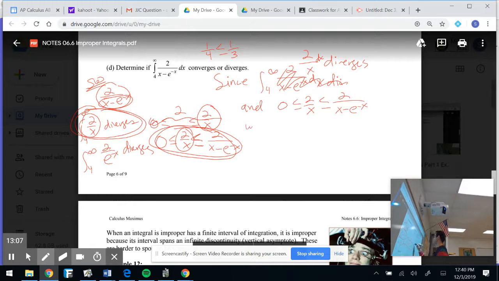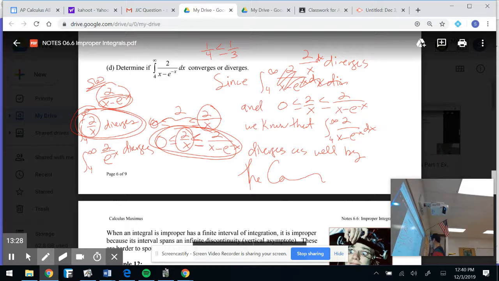We know that this problem that I was unable to find the antiderivative of, this bad boy right here, diverges as well. Say it, class, say it, by the comparison test. There you go.